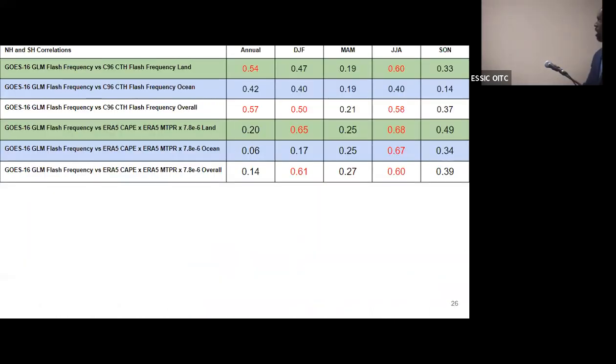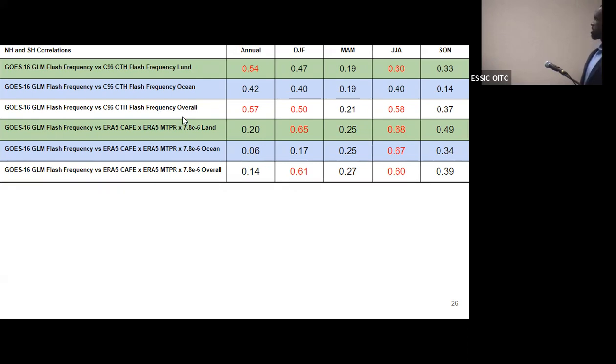So when we look at the correlations between these observations and the ERA5 reanalysis, we see a more strongly correlated relationship between these two than we saw with the GLM and the cloud top height parameterization in our model.